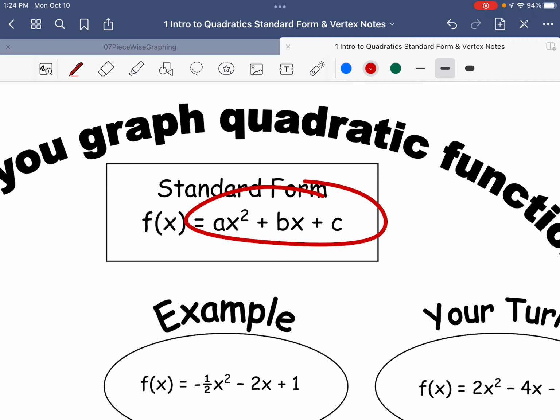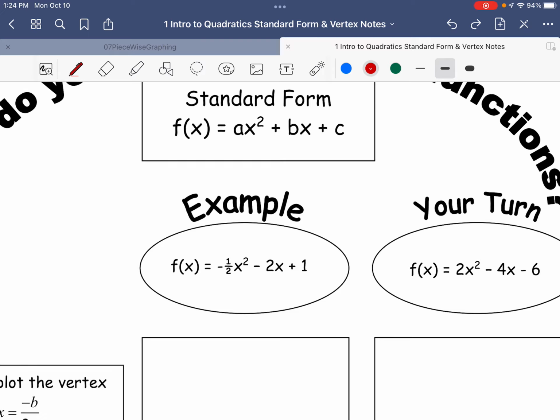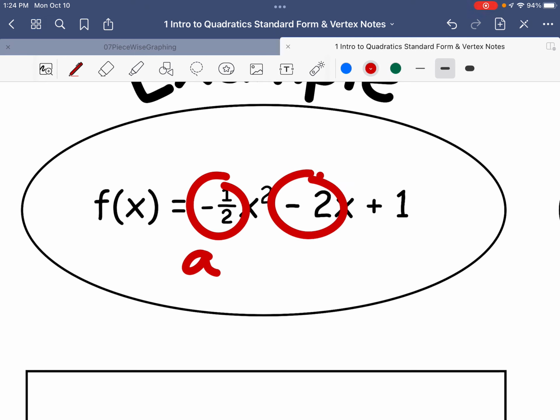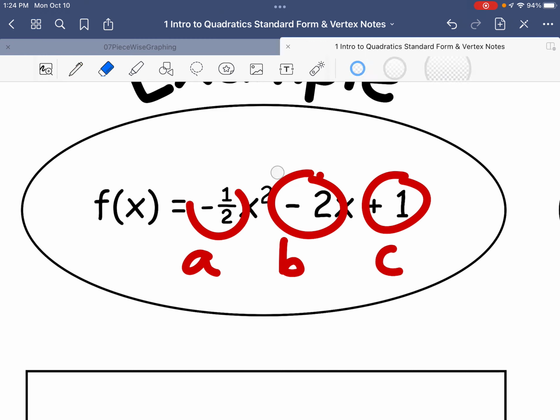And when we have numbers filled in for all of these, we end up with an actual standard form equation, perhaps like this one, where we have -1/2 x squared minus 2x plus 1. Now keep in mind that the number in front of x squared is your a value. The number in front of x is your b value, and then the number that stands alone is your c value here.